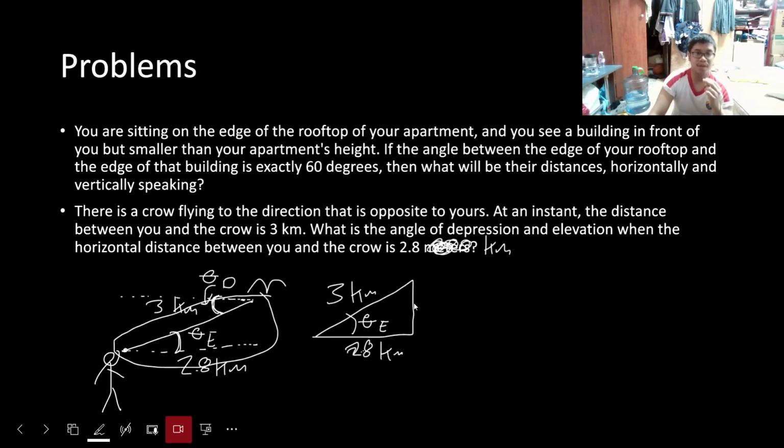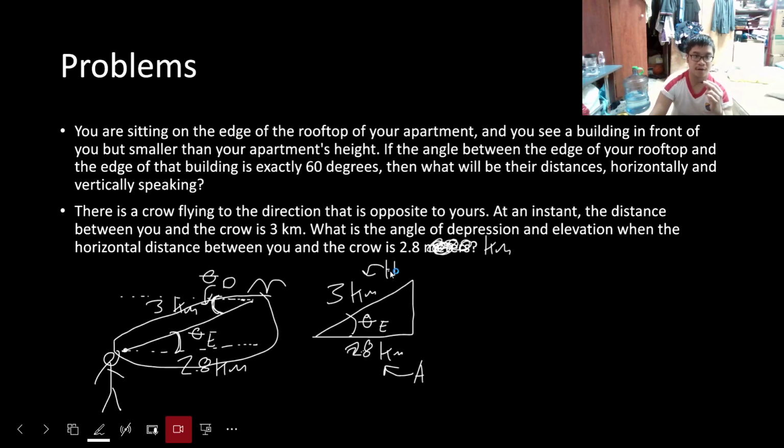Now, what would be the trigonometric ratio we're going to use to find the angle of elevation? What we can use here actually is cosine. Because here we have a given hypotenuse of 3 kilometers and adjacent of 2.8 kilometers, and then we have the given angle of elevation.